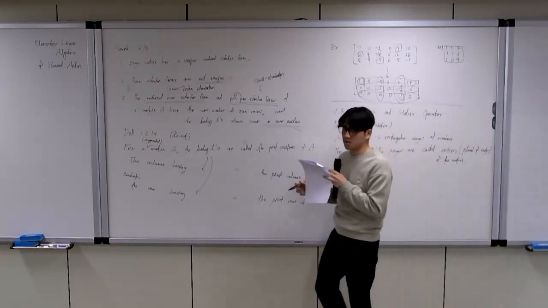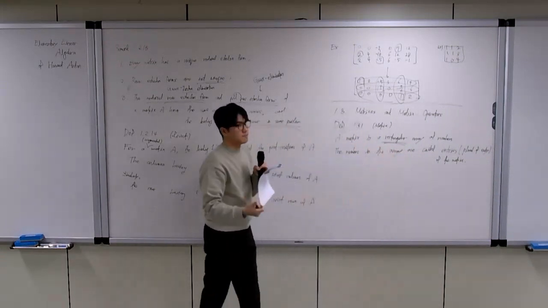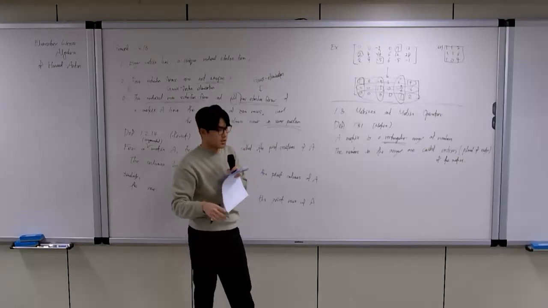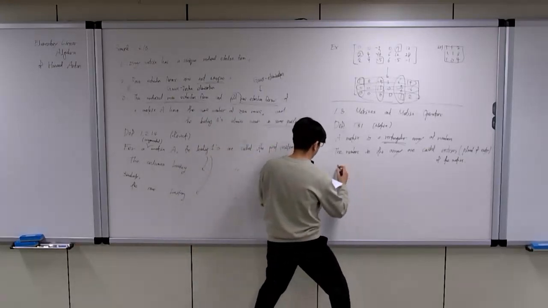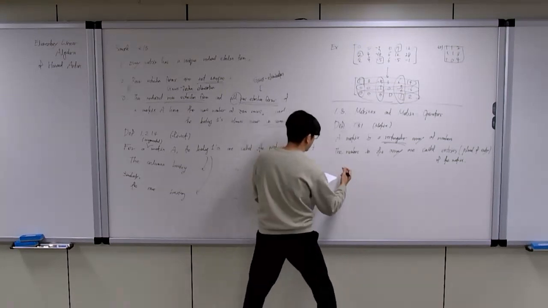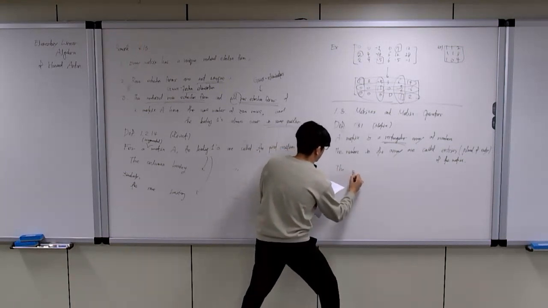And since it is rectangular, by giving the number of rows and columns, we can get the size of the matrix.